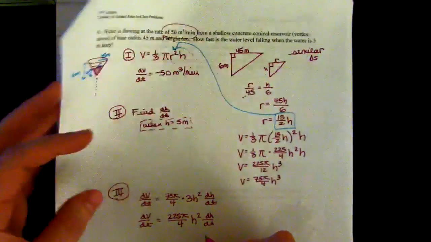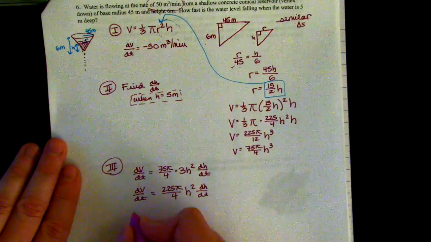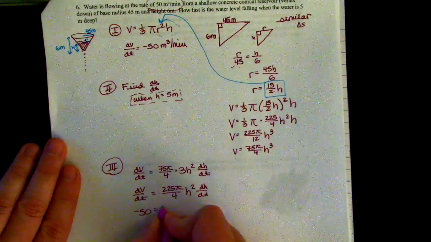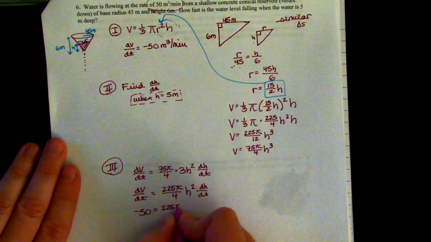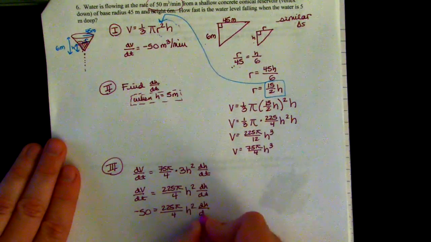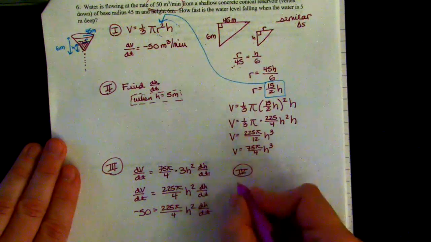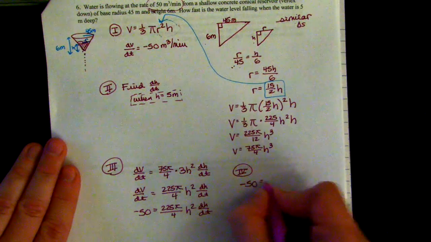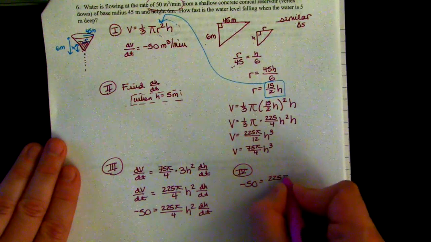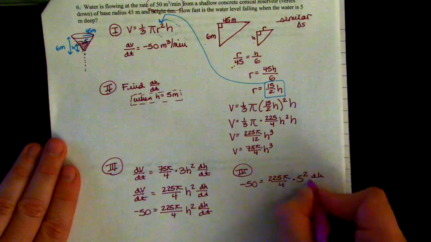Probably time for me to move up a little bit. I'm going to plug in my negative 50. Negative 50 equals 225 pi over 4 h squared dh dt. Going on to part 4 where I plug in my specific instant. Negative 50 equals 225 pi over 4 times 5 squared dh dt.